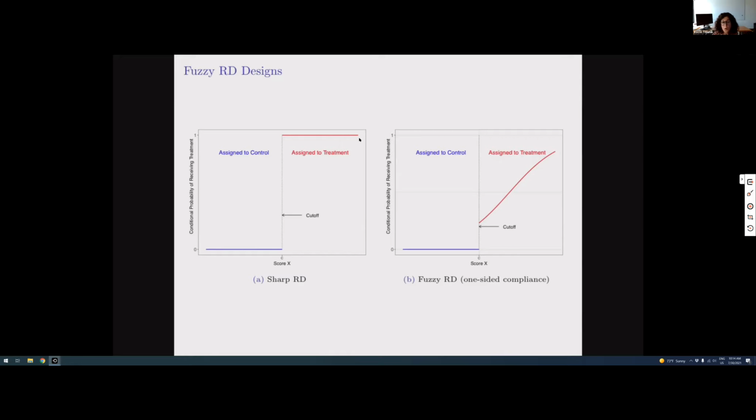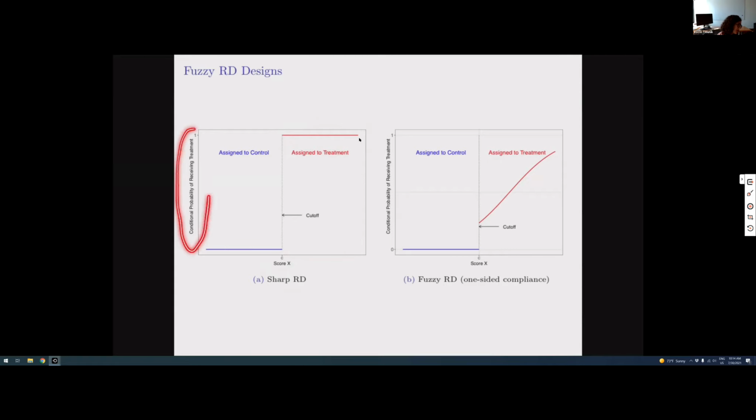One distinction that is very important when you encounter a regression discontinuity design is whether you have perfect compliance with the treatment or imperfect compliance. Here on the left, I have what the literature calls a sharp RD design, where there's perfect compliance. Everybody with scores above the cutoff is assigned to the treatment and also receives the treatment.